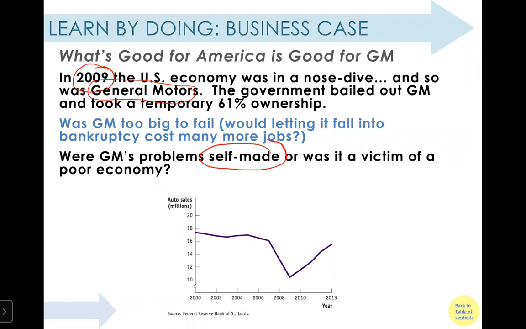But someone else thinks the GM problem is because GM was a victim of a poor economy. And how do we understand that? By looking at this diagram. On the horizontal axis we have time from 2000 to 2013. The vertical axis is auto sales. This is auto sales for the entire industry, not only GM.